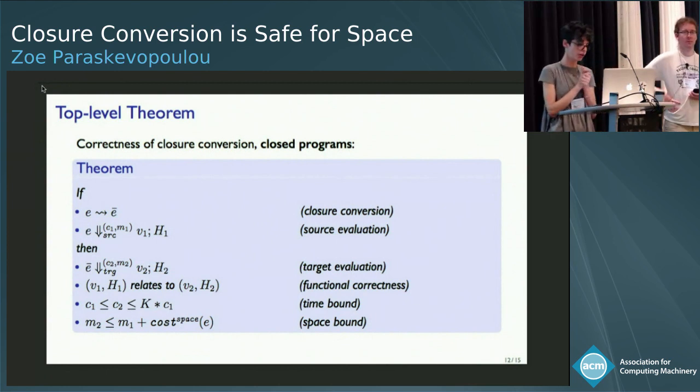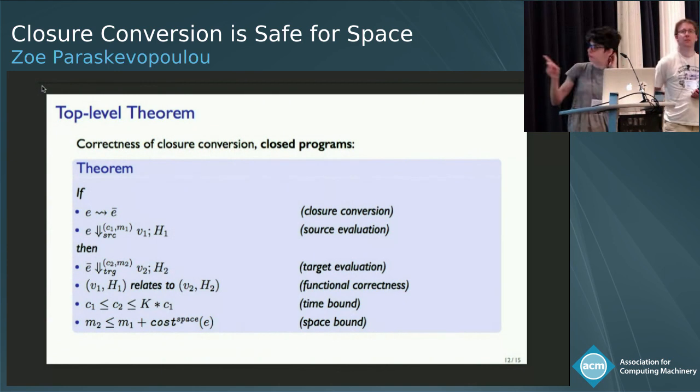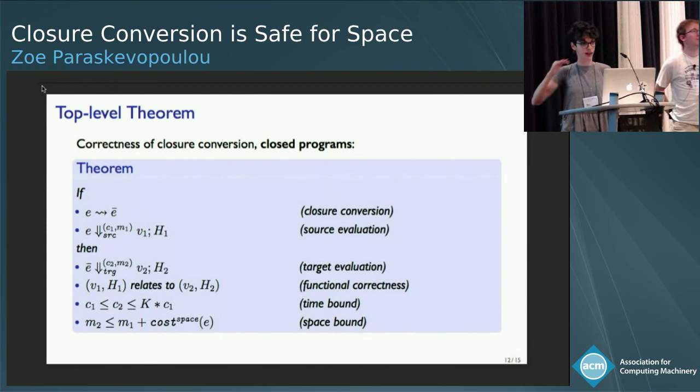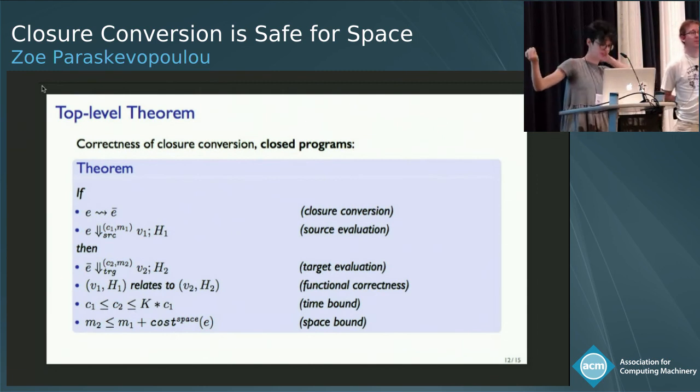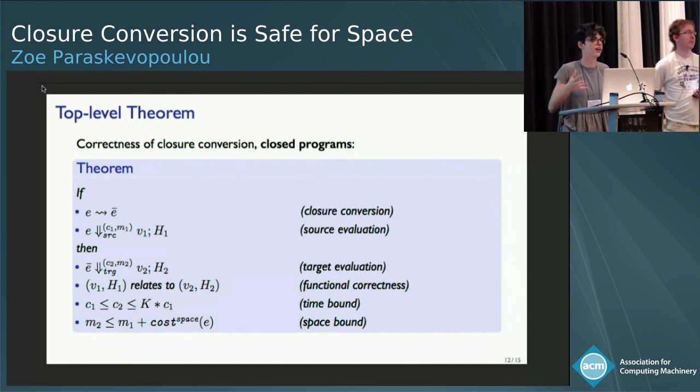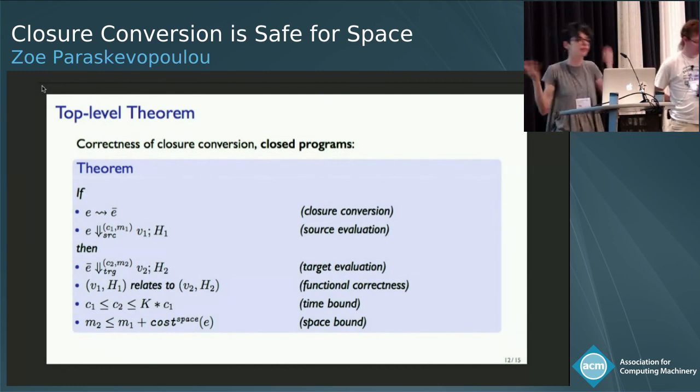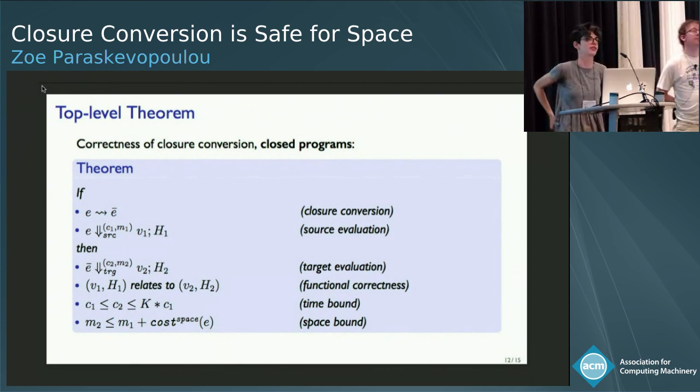But the intuition is that this is a constant upper bound given a source program. So for every source program, the time consumption of the target is upper bounded by the space consumption of the source plus some constant. Okay, that makes sense then. Because for its source this is a constant.